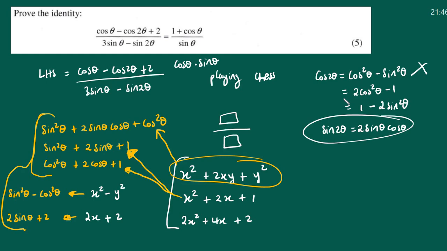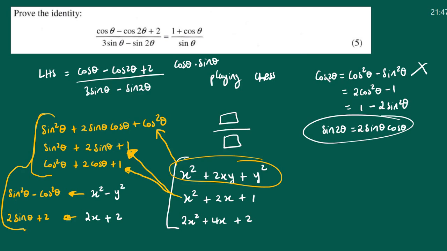You hear what I'm saying? If you don't find cos attached to sine, either sine theta times cos or cos times sine, do not change cos 2 theta to the first one. Listen carefully to me, okay?